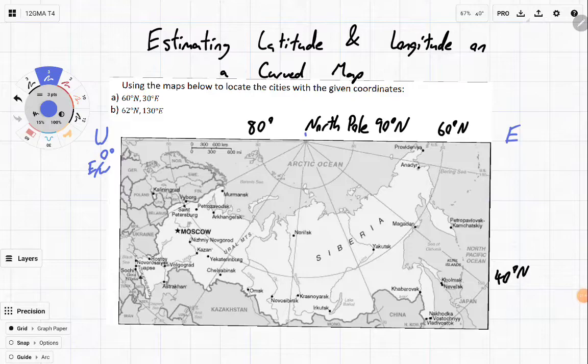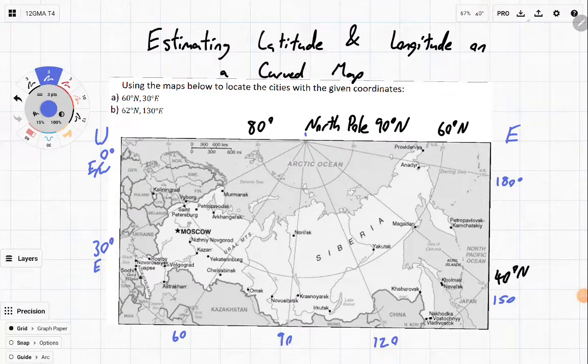Is this first line, this line down here, it has 30, so that's going to be 30 degrees east, 60 degrees east, 90, 120, 150, and 180, which is the anti-meridian here, which actually means that if you go further this way, you're actually in the Western Hemisphere. So for example, Provideniya would actually be in the Western Hemisphere because it's on the other side of the anti-meridian.